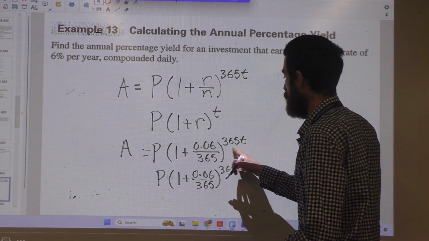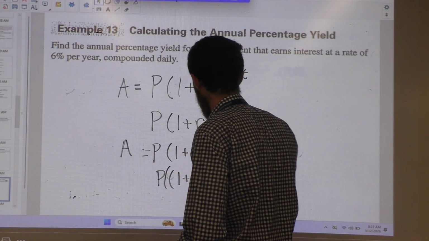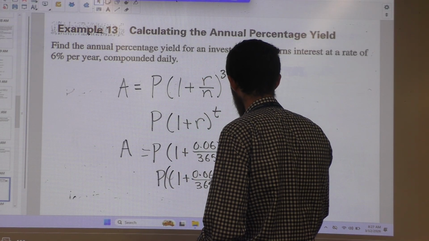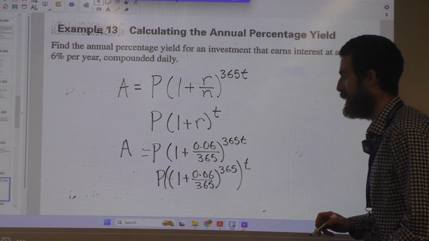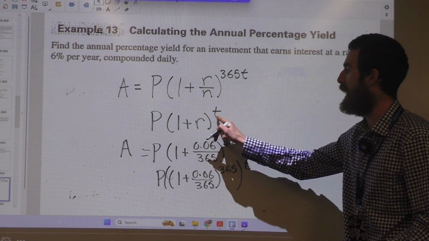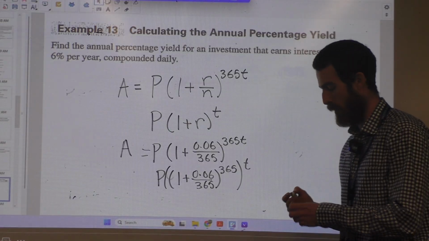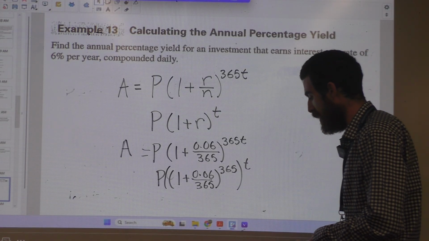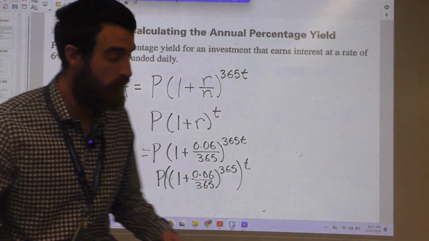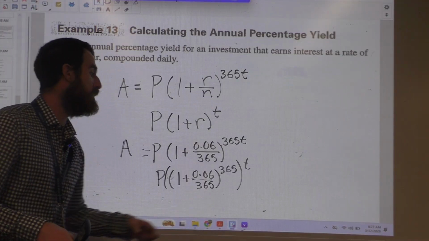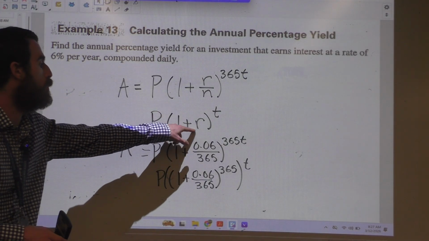But knowing that this exponent came from multiplication, if I raise it to a power, I could separate those two exponents. I'm doing this so that I can have some quantity raised to the power of t, and that would be this quantity. So all that I need to do to solve for the value is to calculate what is inside of this parentheses, or what 1 plus r is.